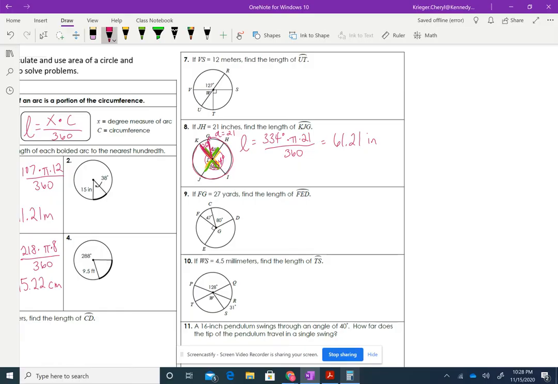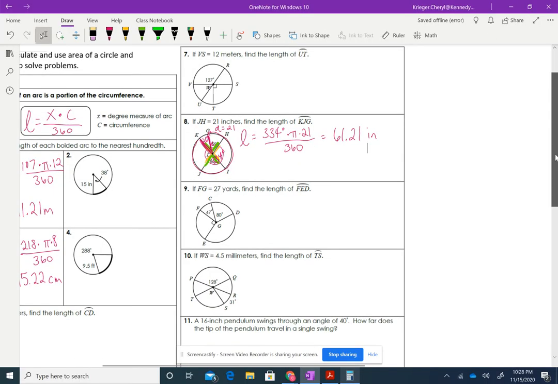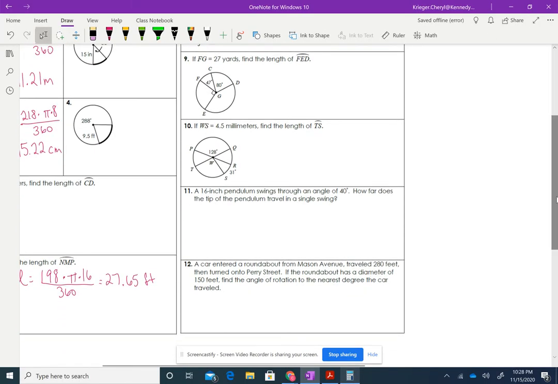Okay. All right, let's go ahead and try number 10. If WS is 4.5, so my radius is 4.5, my diameter is 9, right? We'll double it. Find the length of arc TS. All right. This one's not too hard. So hopefully you're able to see PWQ, that angle, and TWR are vertical.